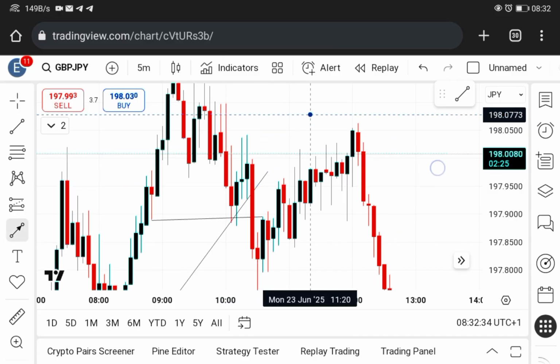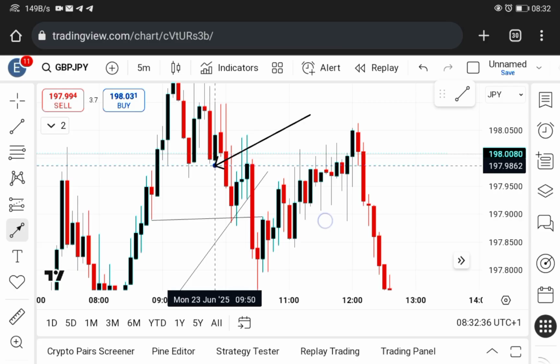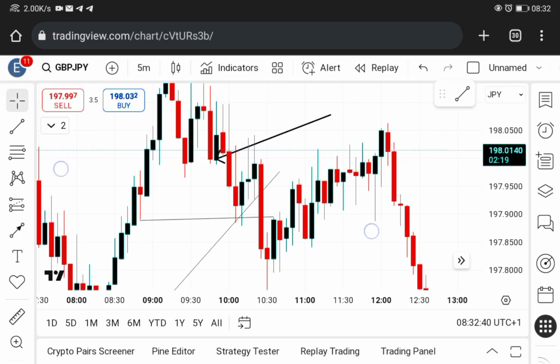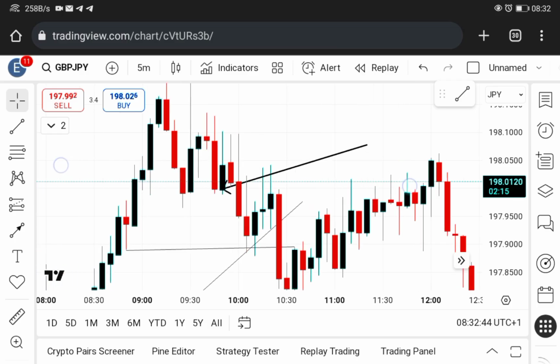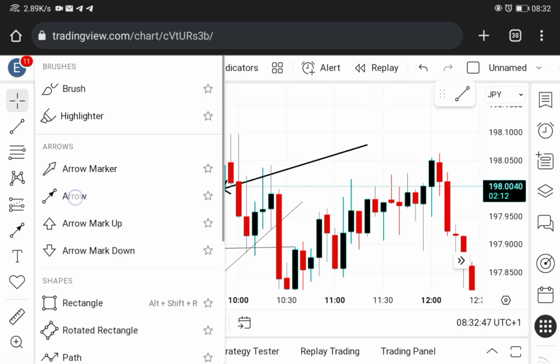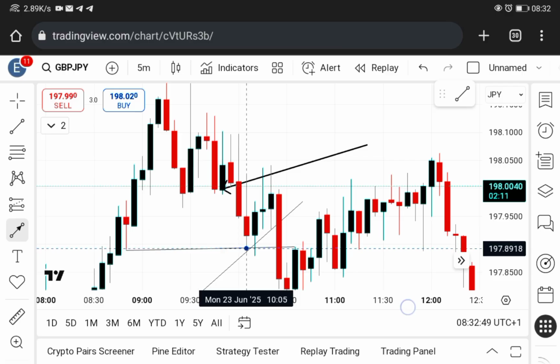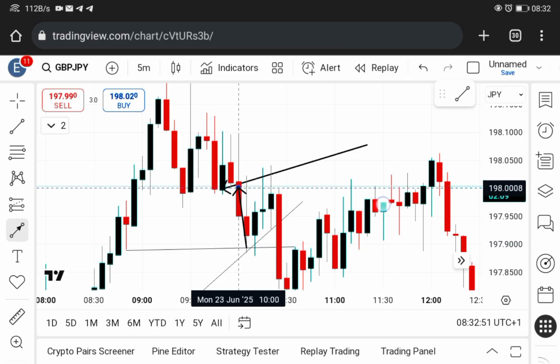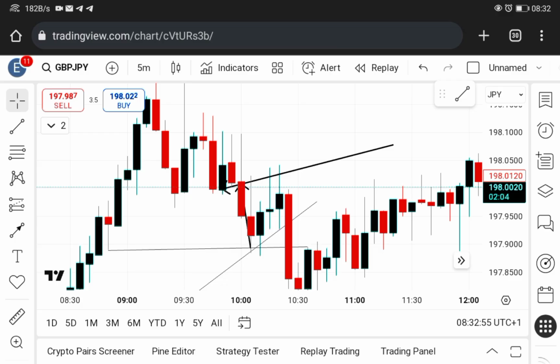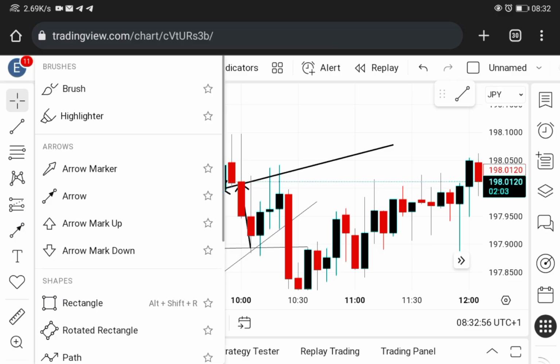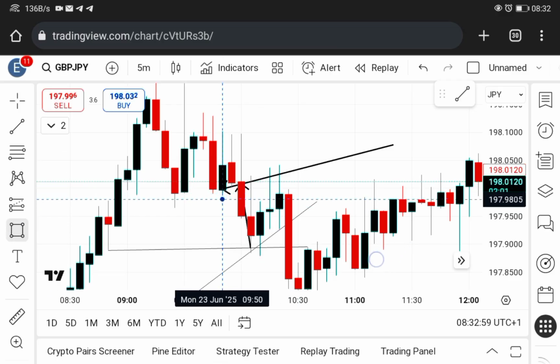It will not retest it, because as this market came down from this point, these two bear candles, as it points down, this is where I circled and gave out the entry.